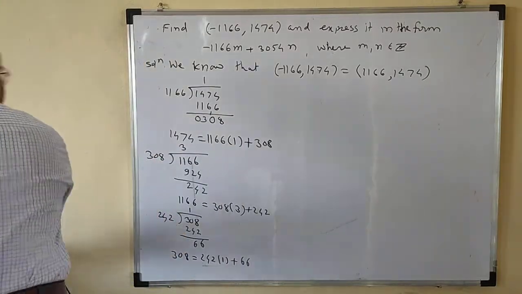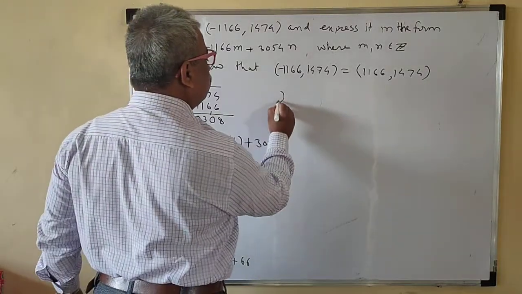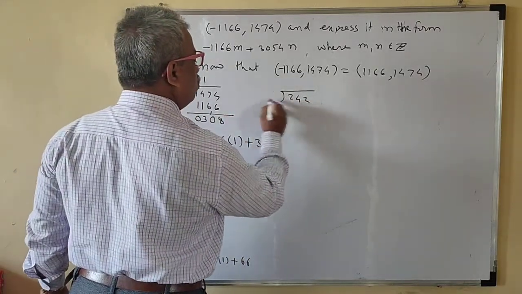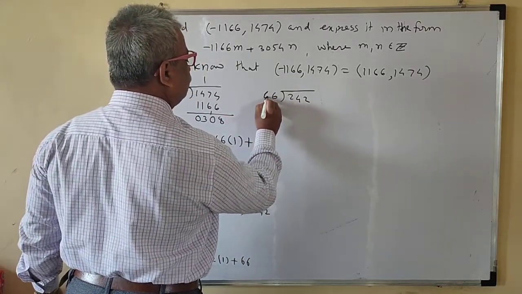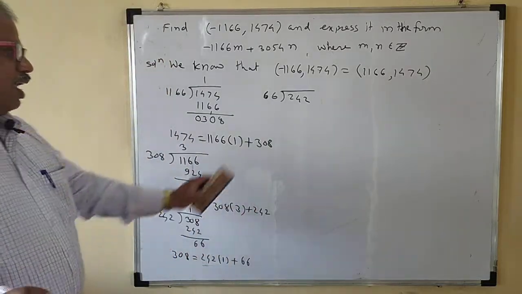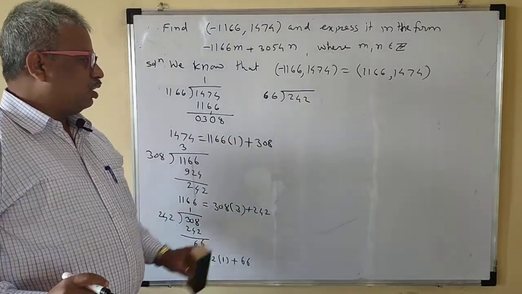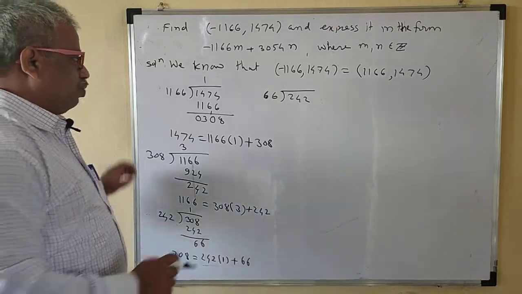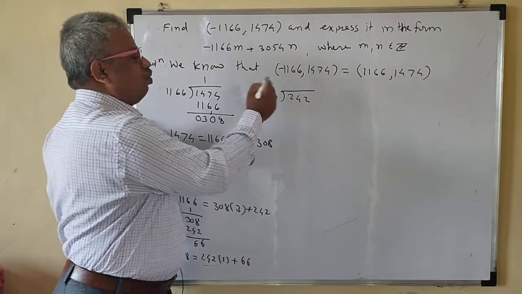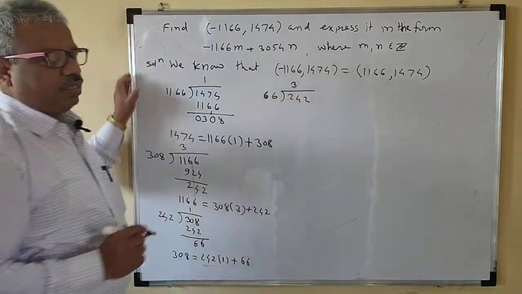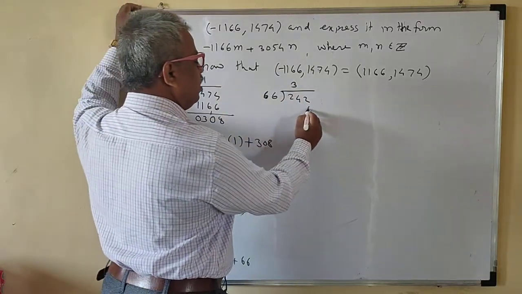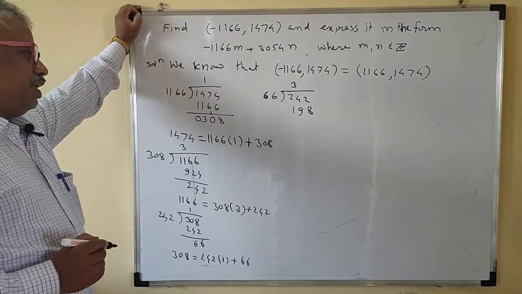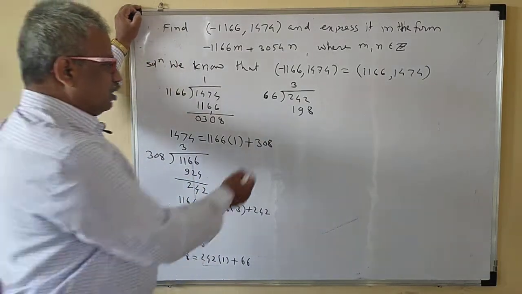Then we will do this division, 242 by 66. If you hide the last digit, there is a 4, but 4 does not work, I think. So 3 will work now. So this is 198.